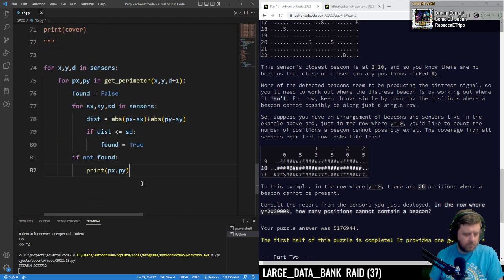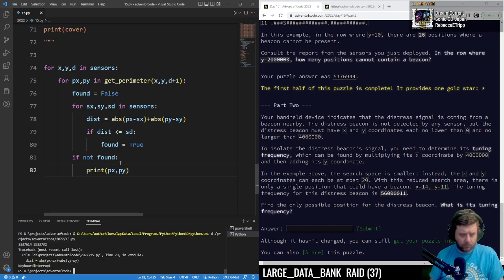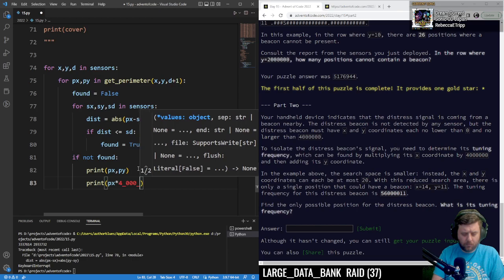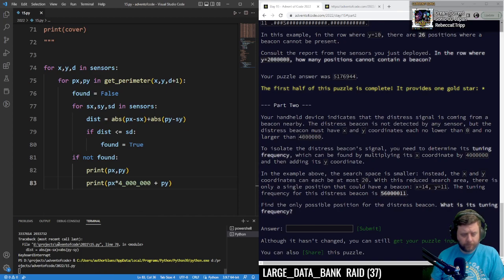Oh, I did get 2 values. It's going to be a very large number.